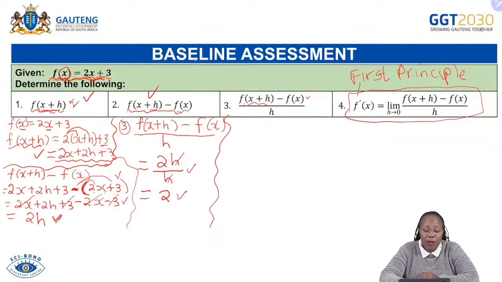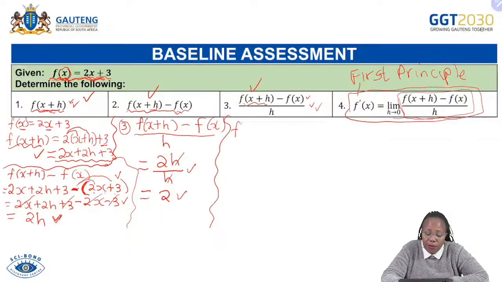Step number 1, number 2, number 3 were leading us to this particular formula, and you can see that what we have on number 3 there, that is what we need to substitute there. But you can't get that without following step 1, step 2, and then step 3. So now let's take the derivative formula. F prime at x is equal to the limit as h approaches 0.